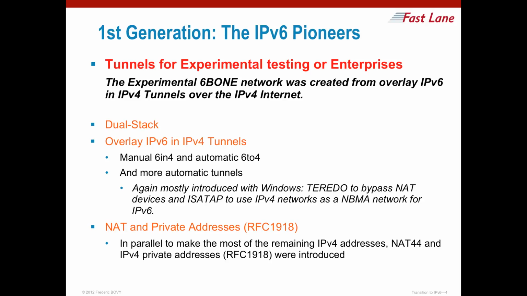Many people think that NAT is a feature of IPv4 and of IP in general that was there since day one. And actually NAT is just a workaround to deal with address depletion.